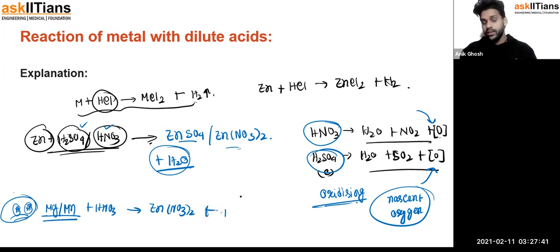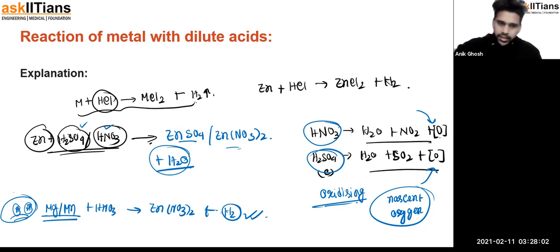So they do not get oxidized in these type of reactions. So from there, we get this hydrogen, not water anymore. So this is just pure hydrogen. So this was all about it.